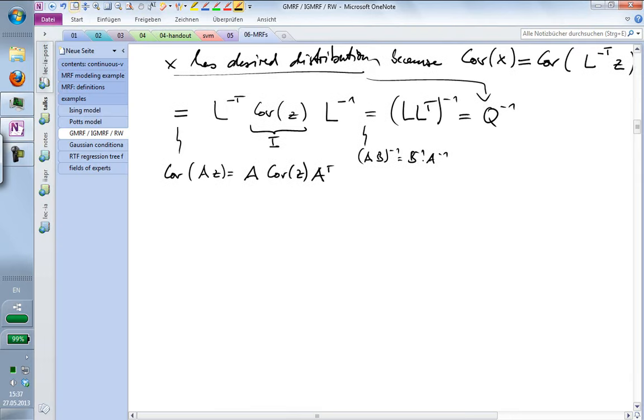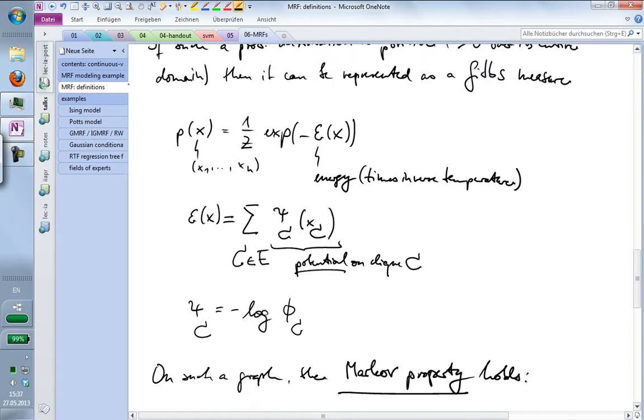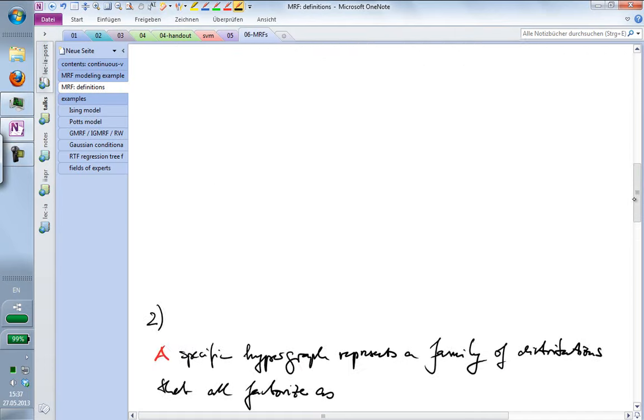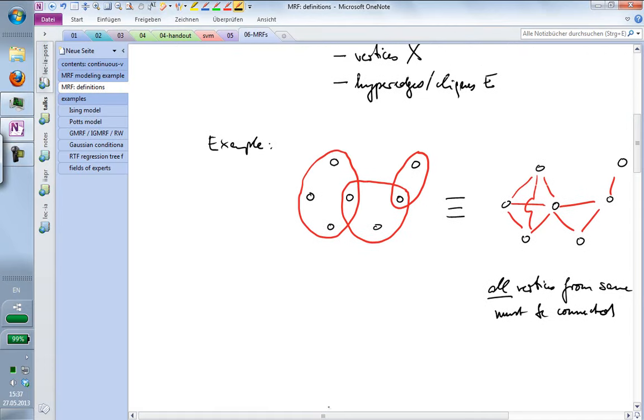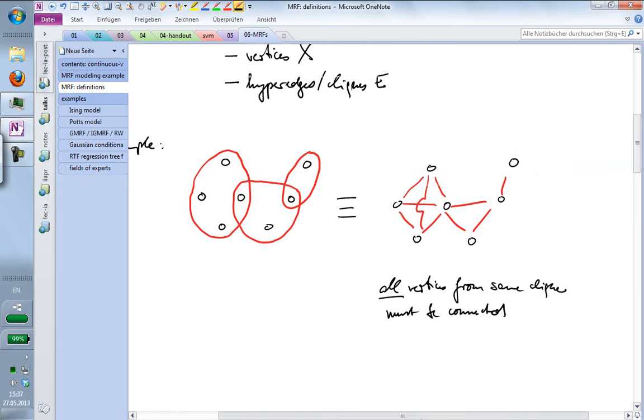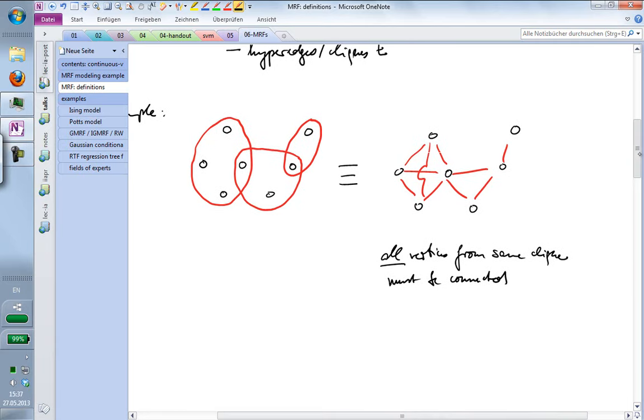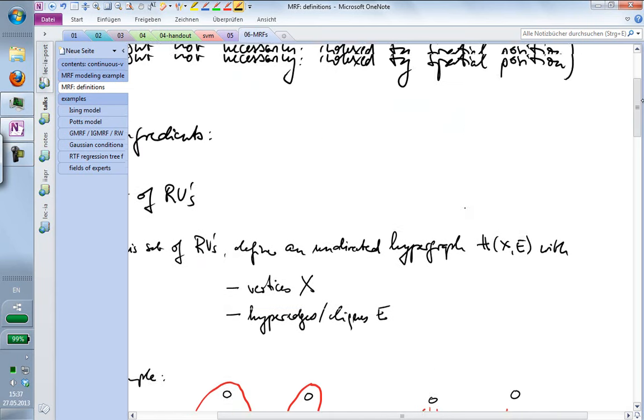So to go back to the example I plotted last hour, that's a bad example because it has higher order interactions.